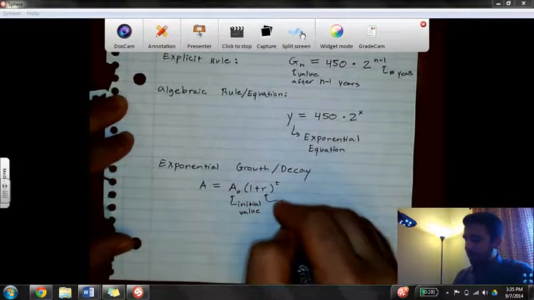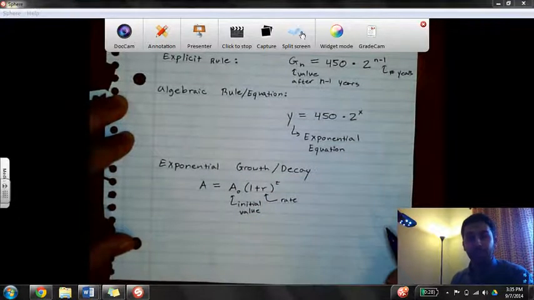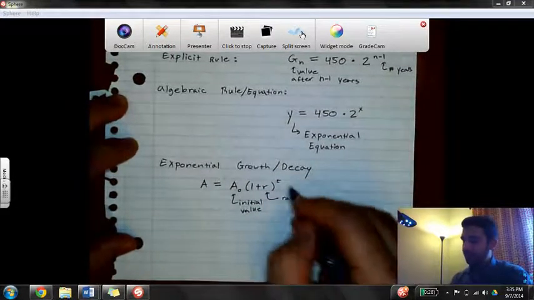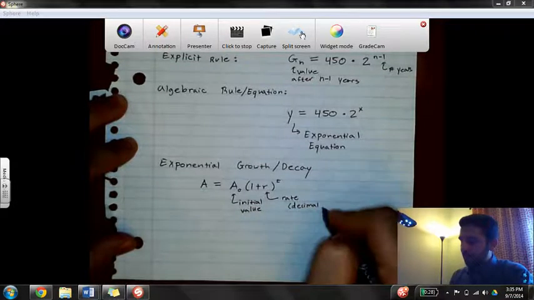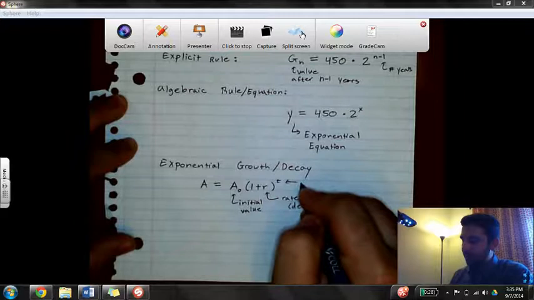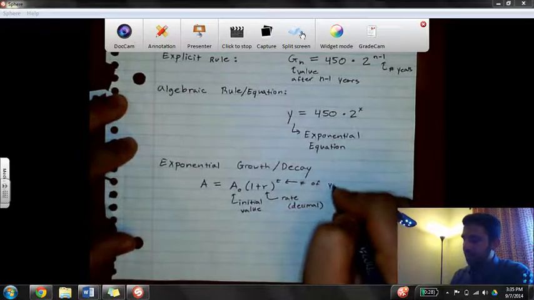This is where r is the rate of growth or decay, which is represented as a decimal, and t represents the number of years.